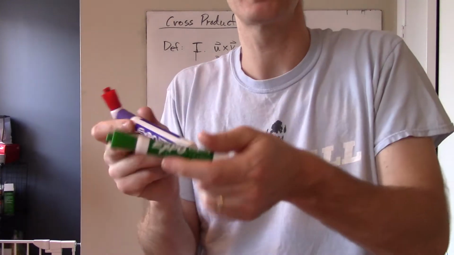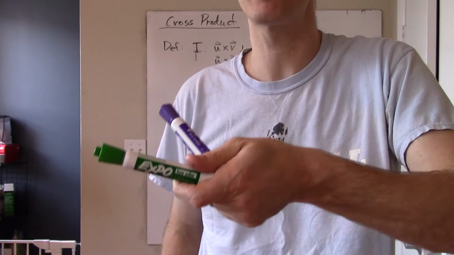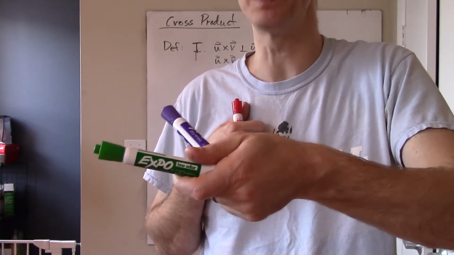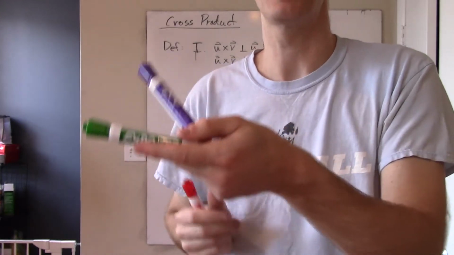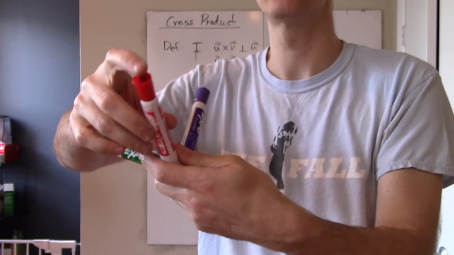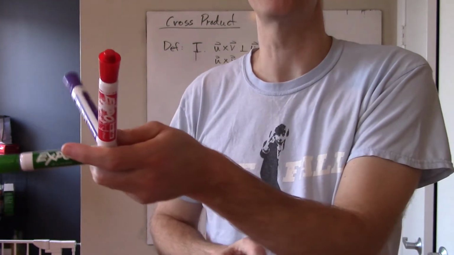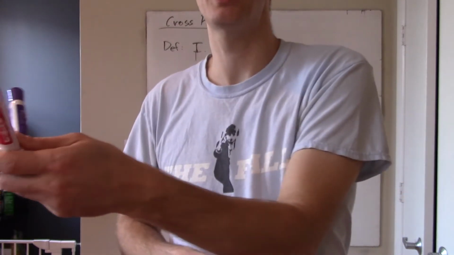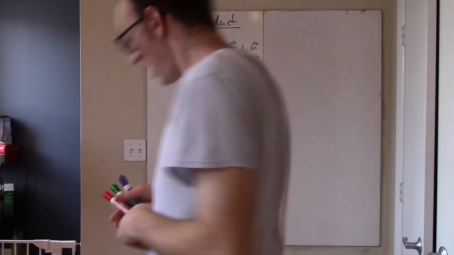I have no idea whether the depth perception is coming through. Hopefully it will. So I have 2 vectors here, this purple one and this green one. And the idea is that when I take the cross product of those 2 vectors, what I get is a mutually perpendicular vector. I think that's coming through.